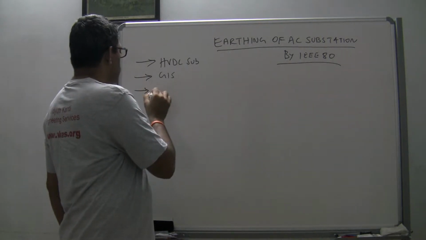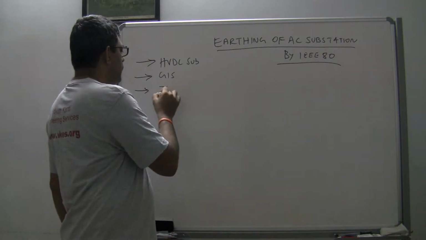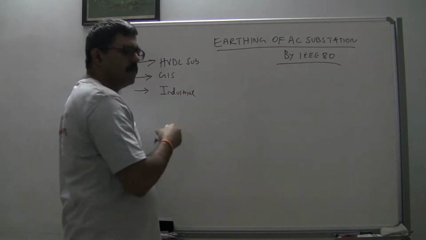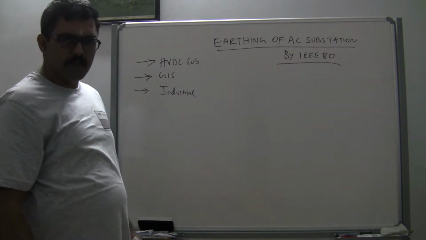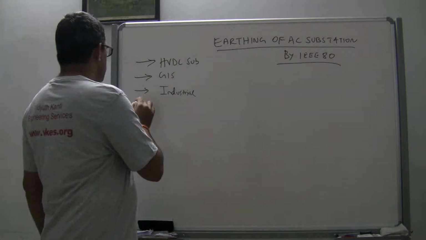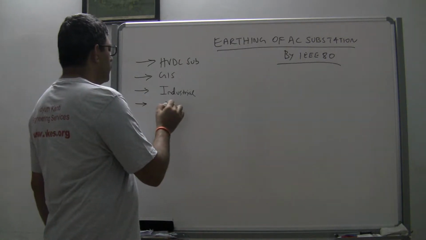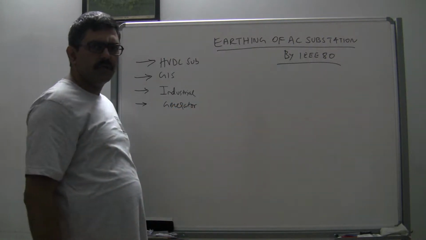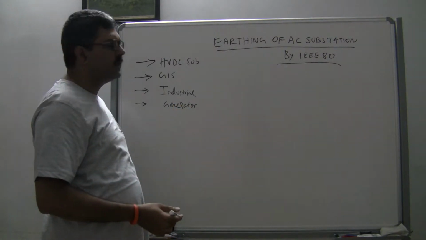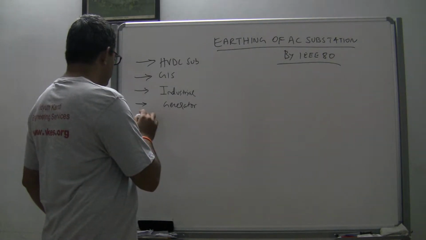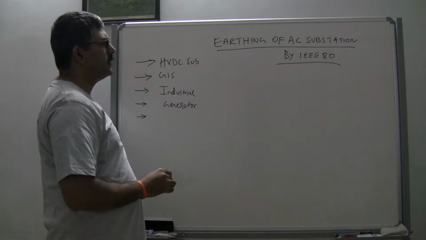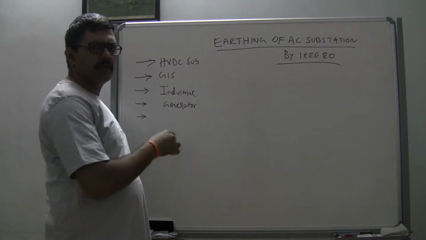Then the earthing of industrial system or the commercial power system, that is not covered. Then earthing of generators. Generator neutral earthing is not covered in this. HVDC, GIS, industrial, generator, neutral. I think these are the main things.